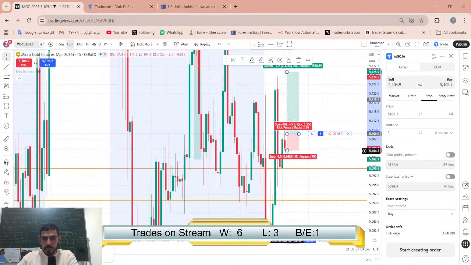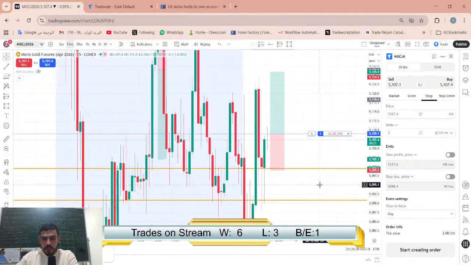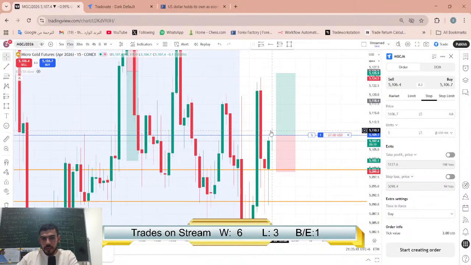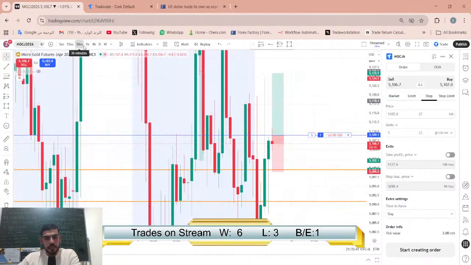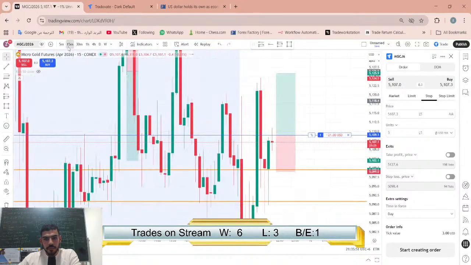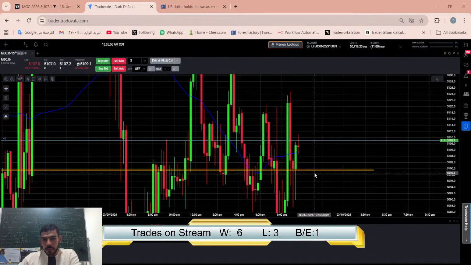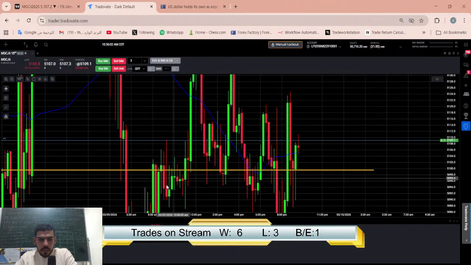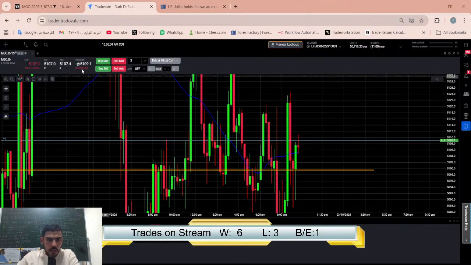Hmm. So because it didn't break the high, stop loss will be for about 100 pips. Yep, I think it's not bad. 100 pips, and it's 2 or 3. Yep, it's 2 lots. Oh, it's 1 lot.